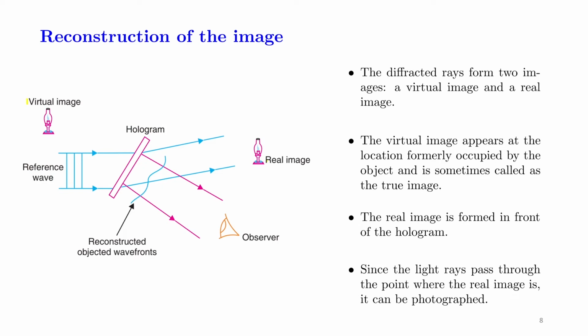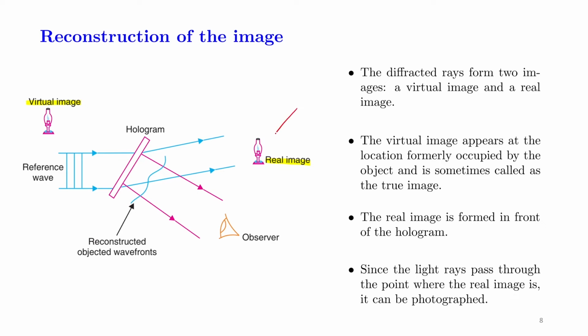The diffracted rays form two images, the virtual image and the real image. The virtual image appears at the location formerly occupied by the object and is sometimes called the true image. And the real image is formed in front of the hologram.